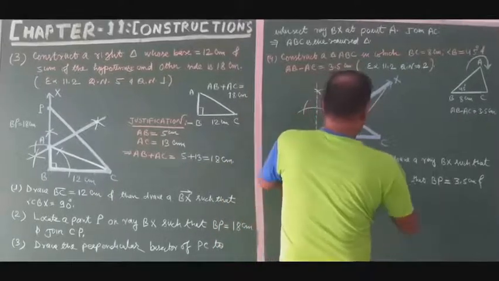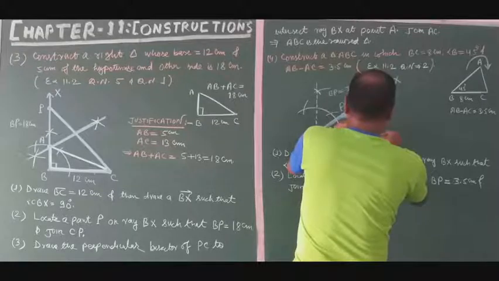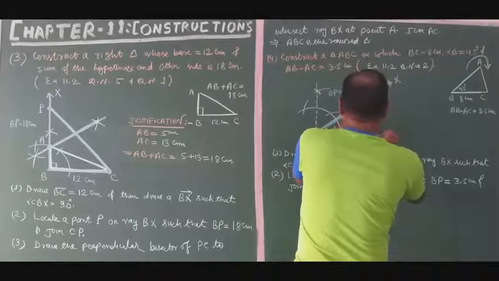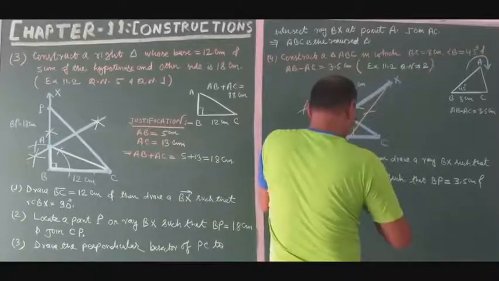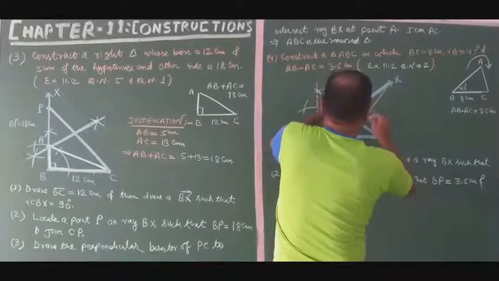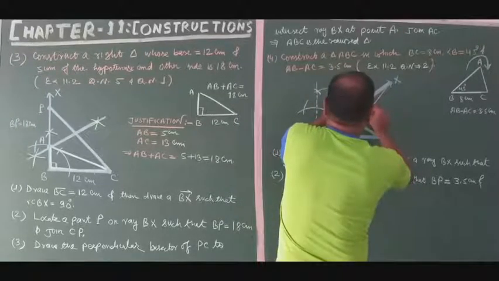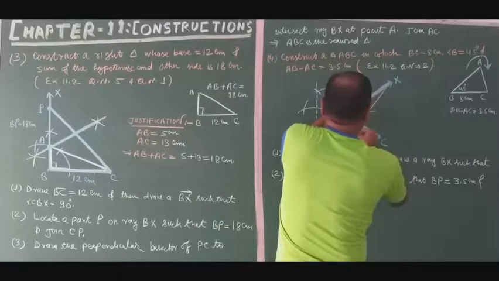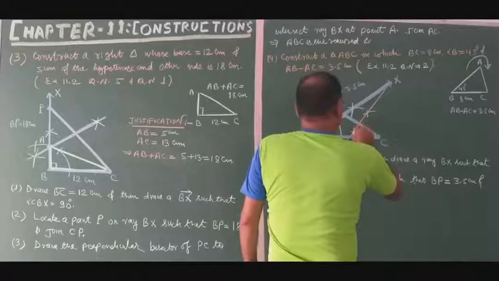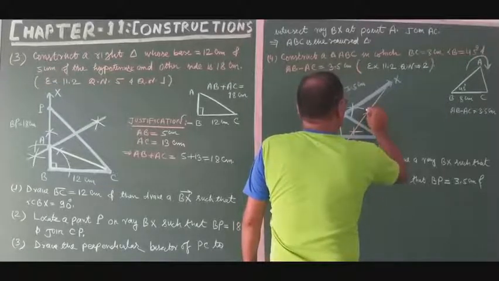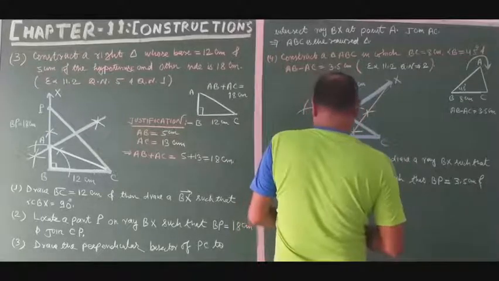We will put the compass here and, with more than half radius, cut off an arc here, and in this way here. This will intersect here and this will intersect here. So this is the perpendicular bisector of PC.